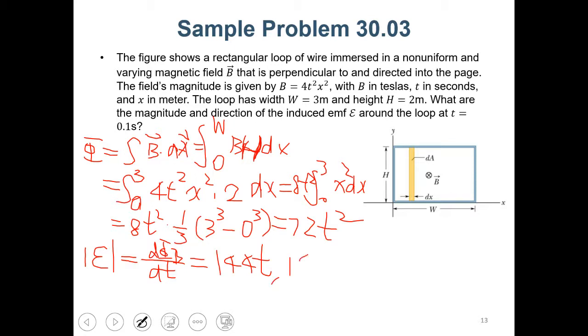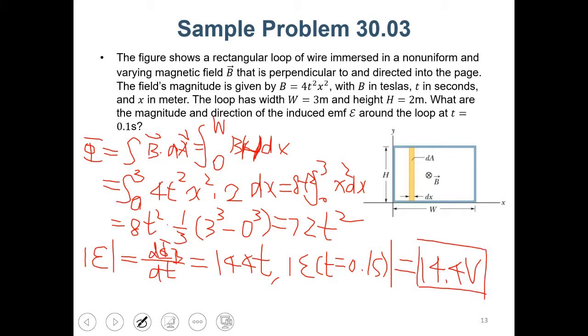So E at t equals 0.1 second is 14.4 volts. And the direction we really need to determine.